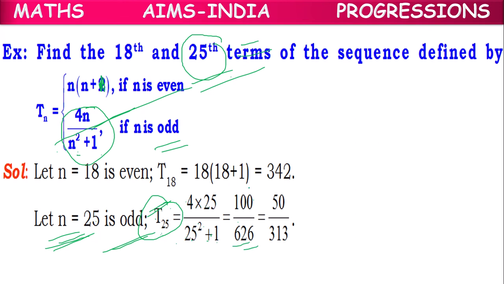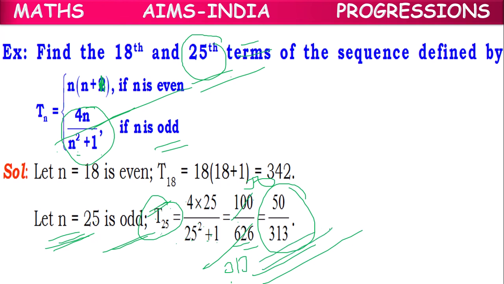If we cancel with 2, we get 50 by 313, no other cancellation. So the answer is 50 by 313.